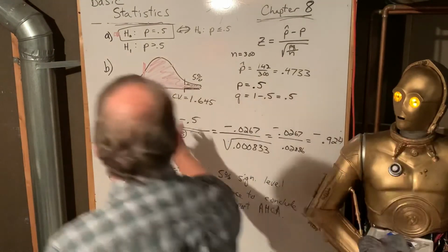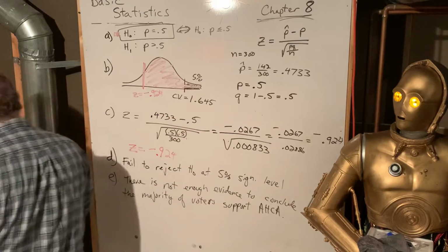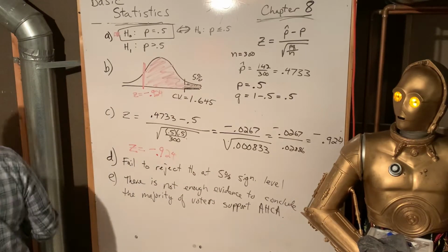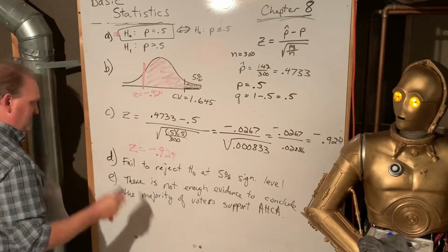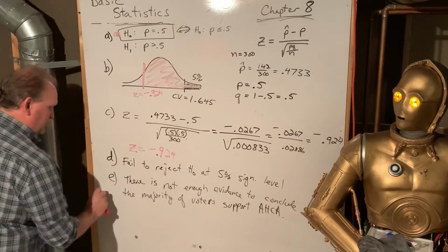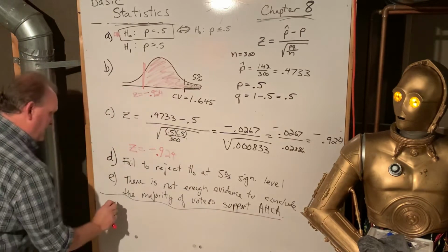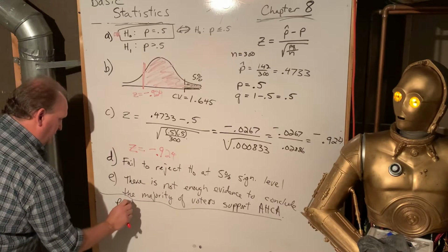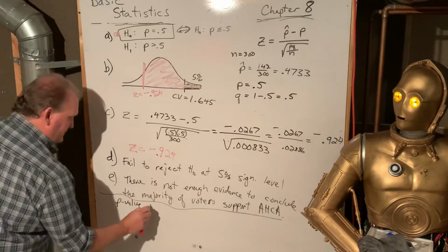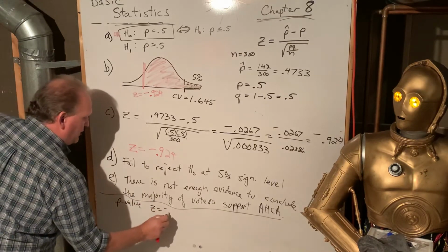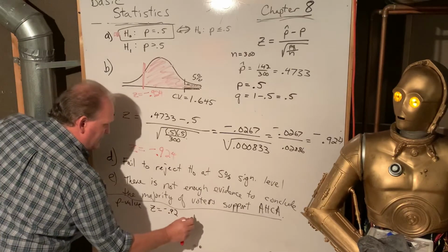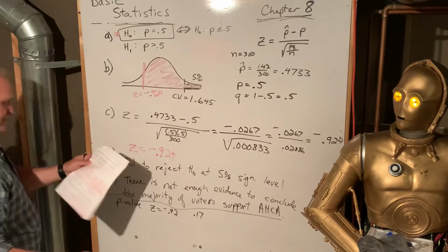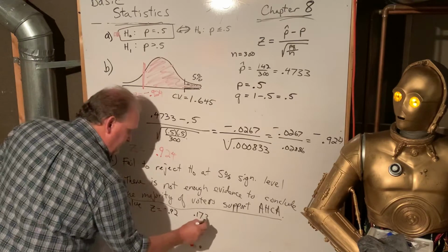But this shaded area is clearly not 17%. So this is one of those times when we have to say, all right, this is a different problem. We're doing the p-value. So for the p-value, we look up z equal to negative 0.92, and that kicks out 0.1788.